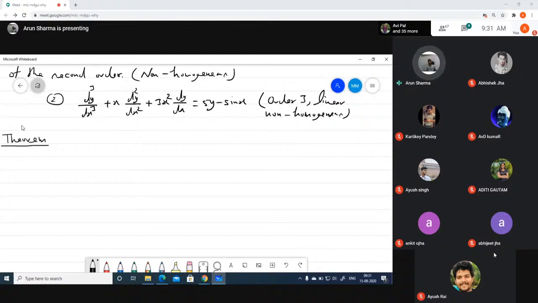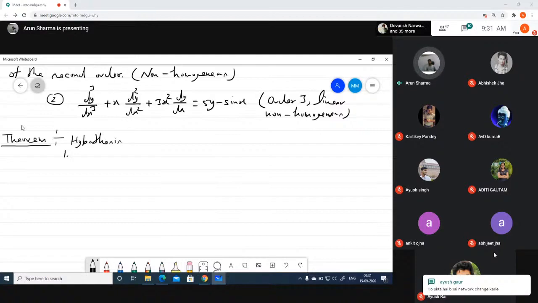So this theorem is about existence of solution of a second order differential equation. Okay. So the hypothesis and theorem: first, there are two hypotheses.